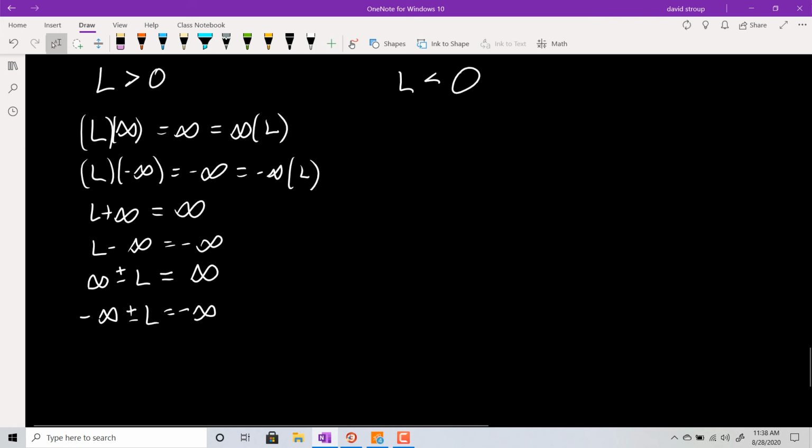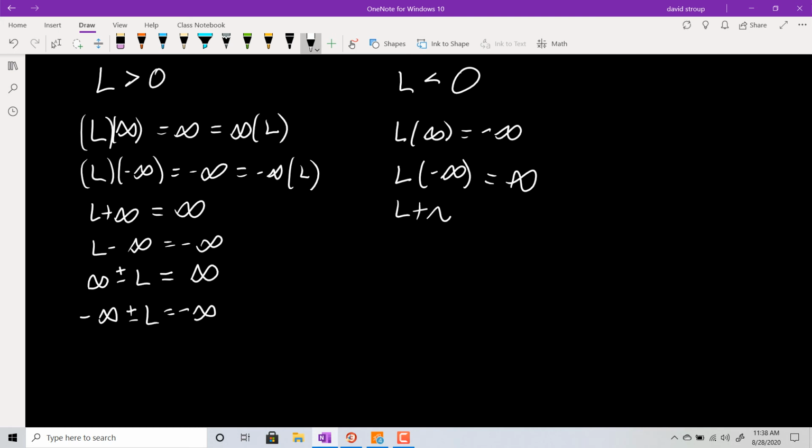So let's try the L less than zeros. L times infinity will be negative infinity. L times negative infinity would end up being positive infinity. It's like a negative times a negative is positive. It's that idea. L plus infinity will be infinity. L minus infinity is negative infinity. Infinity plus or minus L will still be infinity.